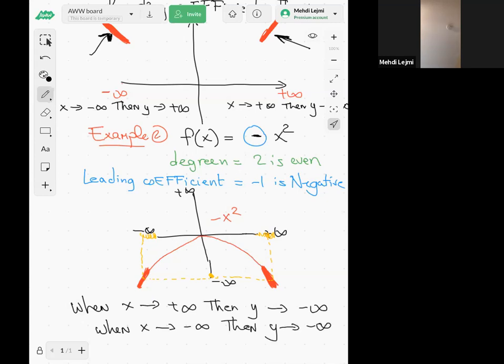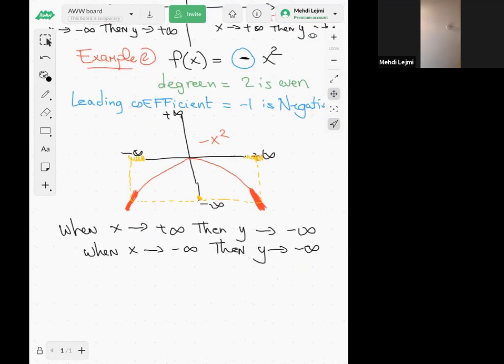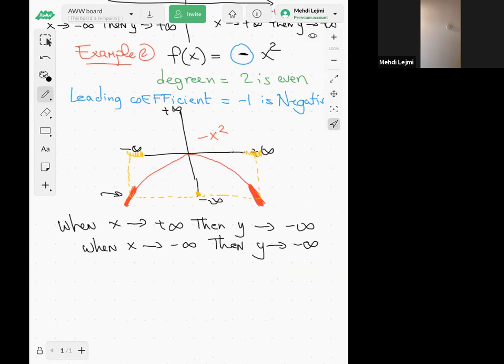This is again a general fact. Whenever I graph a function with even degree and negative leading coefficient, that will be the behavior at positive or negative infinity of the graph of the function.